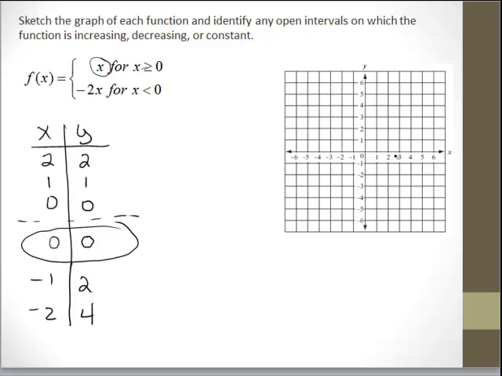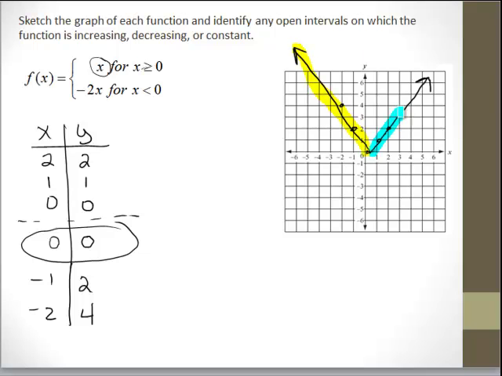So what does this graph look like? 2, 2, 1, 1, 0, 0. So this side of the graph goes something like that. Then the next side is 0, 0, -1, 2, -2, 4. So this side of the graph looks something like, oops, pretend like that connects, okay? So it looks like it is falling on this side.